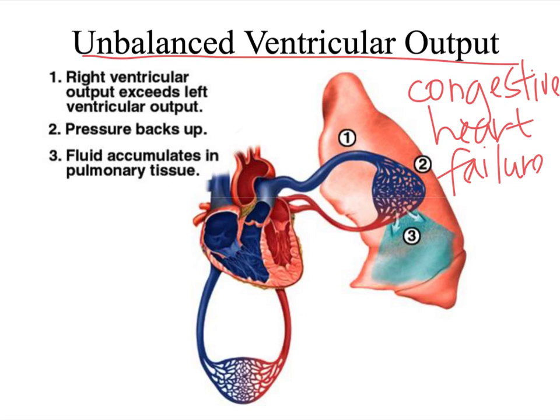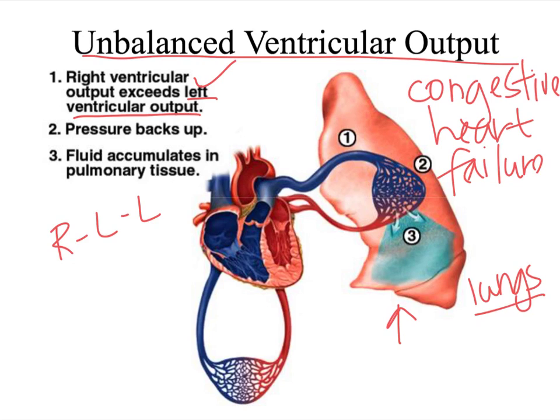If you look at this, we're going right, lungs, left. So what happens if the right side is working better than the left side of the heart? The fluid will actually build up in the lungs, and you get pulmonary edema.